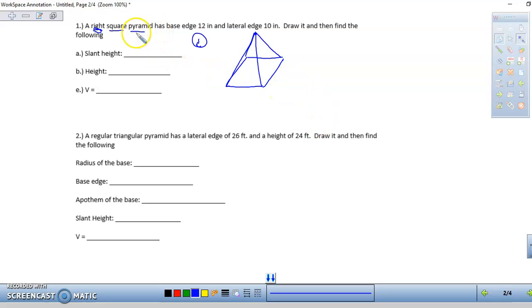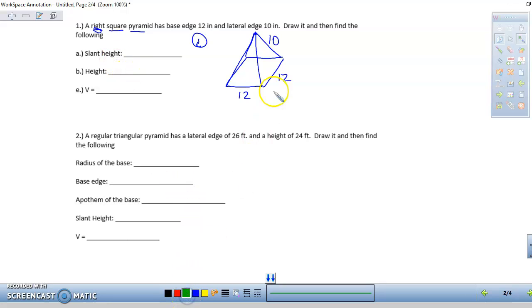Okay, now labeling, the square-based pyramid has a base edge of 12. So I'll just put a 12 here and a 12 here. And then a lateral edge. So lateral edge, again, is this guy that connects the lateral faces. So that is going to be 10. Okay, now we're going to find the following. So we're going to find the slant height to start with.